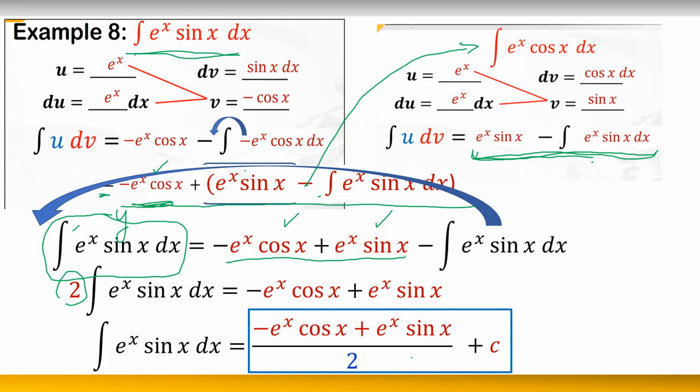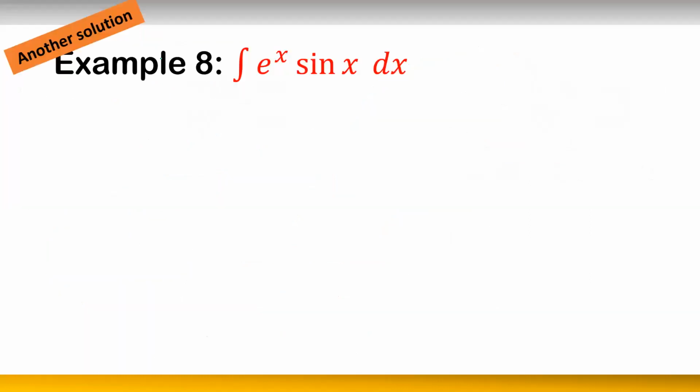Yan. So, take note na parang a matter of consistency, no? Dito, ang u mo is e to the x, dapat dun sa nag-recur na inner integral na kailangan ng integration by parts ulit, yung u mo is consistently the e to the x pa din. Okay? Ayan. So, you can take note of this slide for your reference.